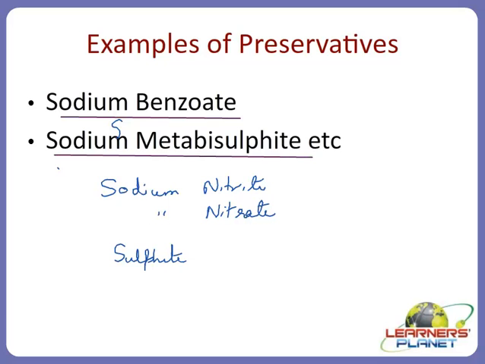Now, can you imagine how these salts function, or which type of food items are preserved by using such salts? That is an important question. The basic mechanism of action of such preservatives is preventing the oxidation of food by microorganisms. What are these microorganisms doing?